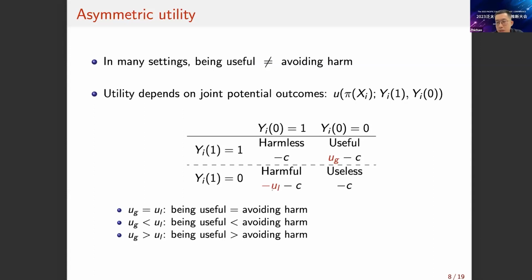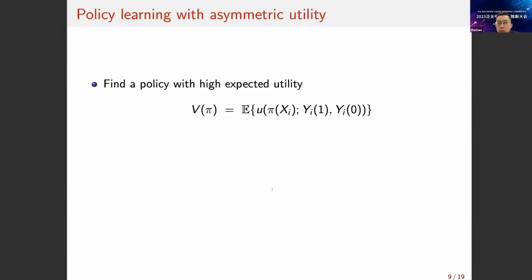In the trolley car problem, we can assign a utility loss of killing someone much greater than the utility gain of saving the 5 people. With this new utility, our goal remains the same, to find a policy with a high expected utility. But this new utility leads to additional difficulties because the utility involves the joint potential outcomes.